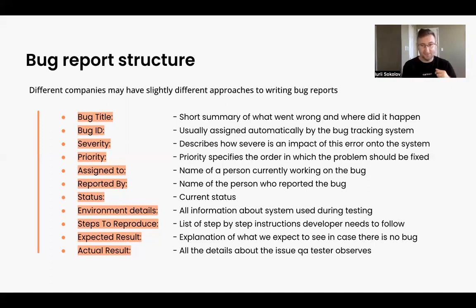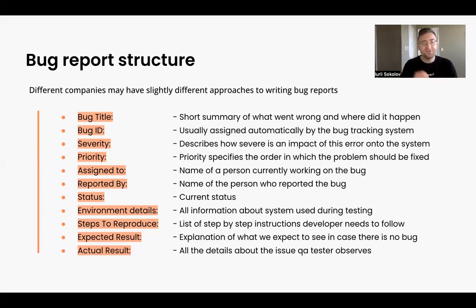You retest with Android 8, still crashes, and you test with Android 11, it doesn't crash. So those findings you can put into this particular field under the environment details in your bug report. It is very useful because developers will then have a better understanding of what went wrong, where did it go wrong, and what is the cause.